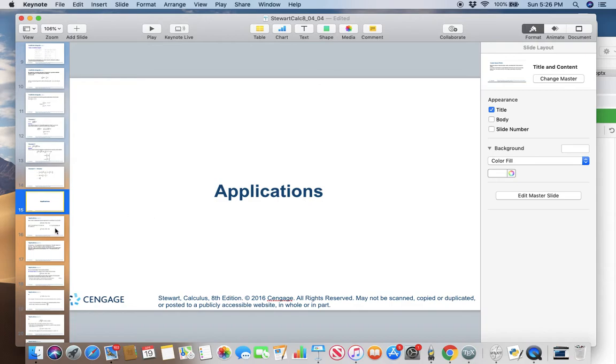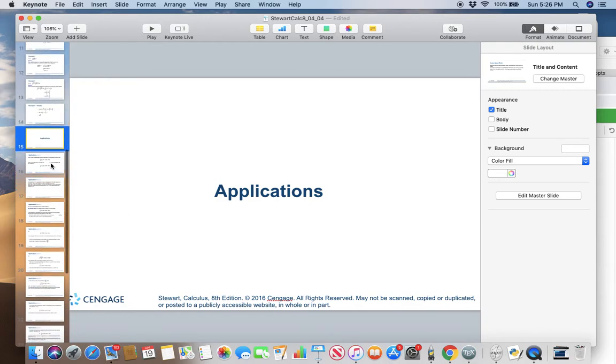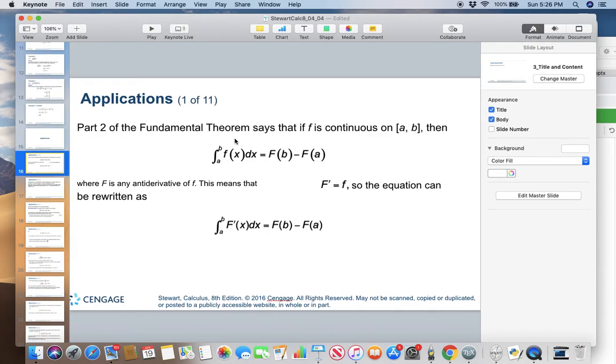Next, let's look at an application. Okay. Part 2 of the fundamental theorem says if f is continuous on the closed interval [a, b], then the integral from a to b of f(x) dx is capital F at the upper limit minus capital F at the lower limit, where capital F is any antiderivative.